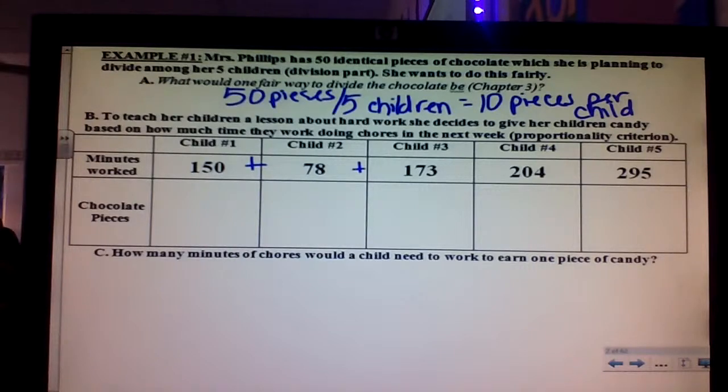We're not going to divide by 5, but I agree with adding them all up. The first thing I need to do is get a total of the minutes that have been worked. Between all of the children, how many total minutes did they work? 900 even.